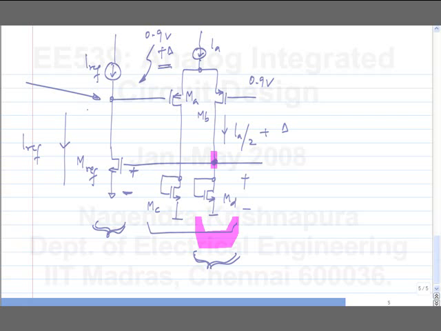Random mismatch, you can't do anything for it beforehand. So if there is random mismatch between MA and MB, what will happen? This voltage minus this voltage will be the difference in the threshold voltage of the transistors. Let's say we have only a threshold voltage mismatch, isn't it?